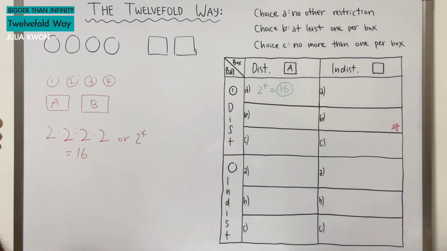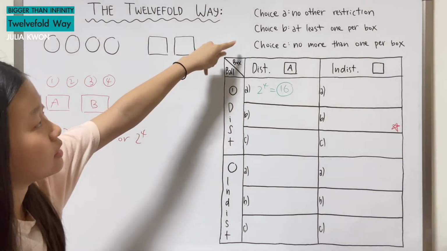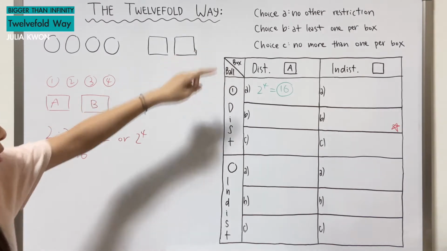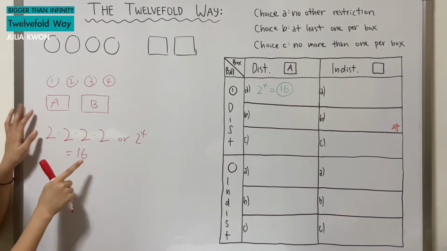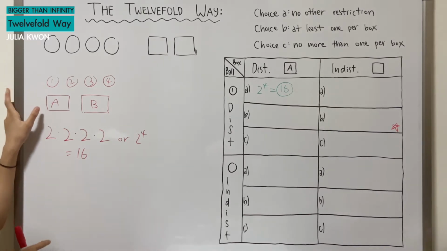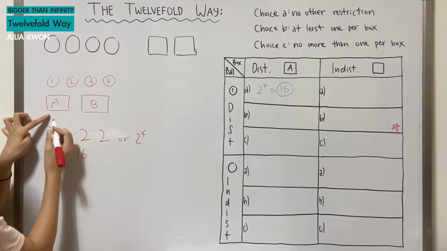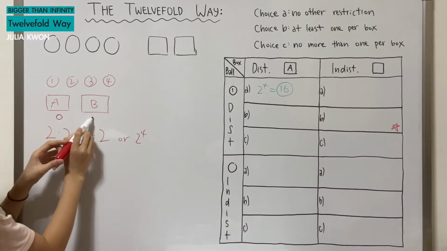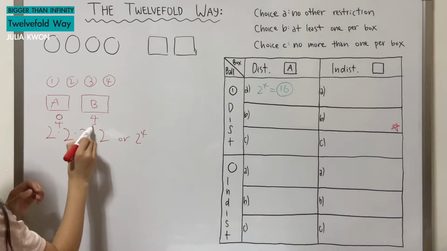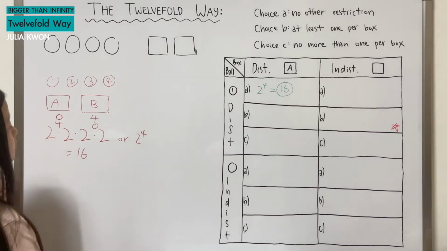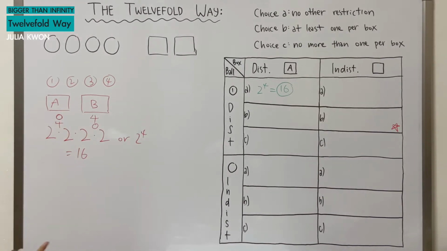And for choice B, we have to at least have 1 ball per box. So that means that here we also included the ones where there wasn't at least 1 ball per box. So there could have been 0 balls in A and 4 balls all in B, or 4 balls in A and 0 balls in B. But in this one, we don't count the ones where there's 0 balls in a box.